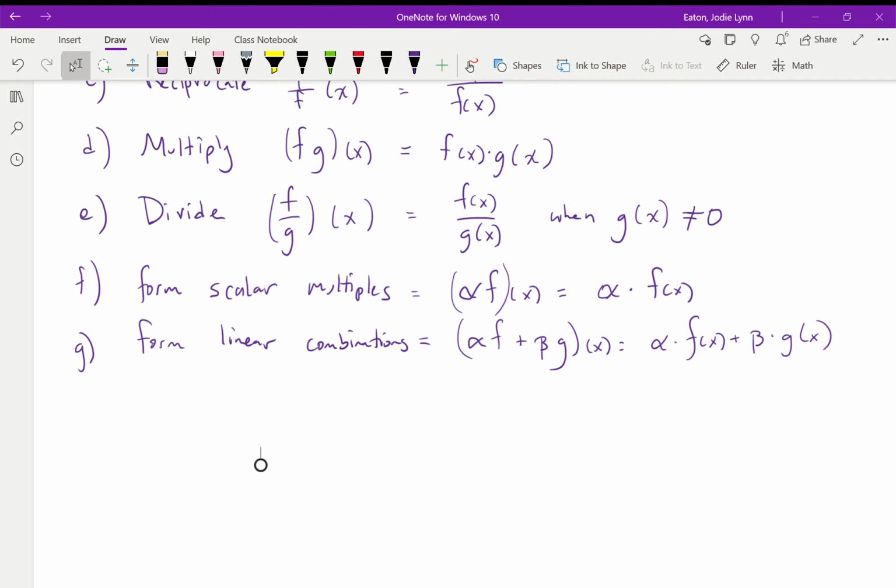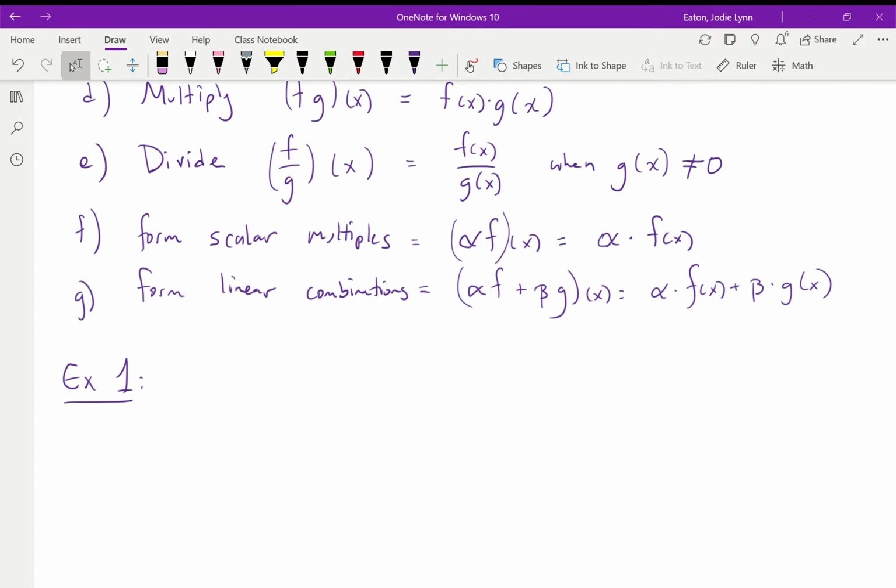Lovely. Okay, so first example, let's look at a linear combination because all of this other stuff we should have seen before. So, given that we have f of x equals x squared plus 3 and g of x equals negative 3x squared minus x plus 5.